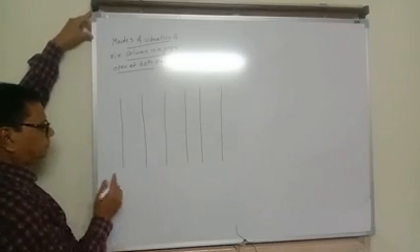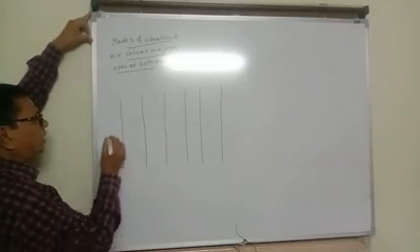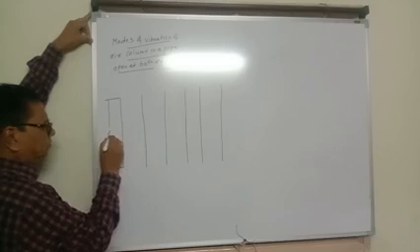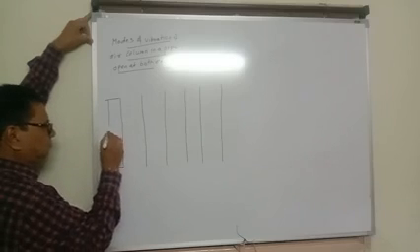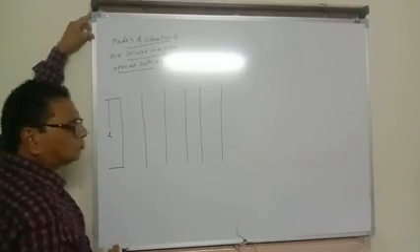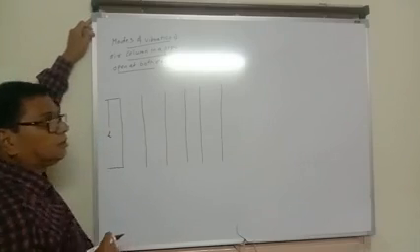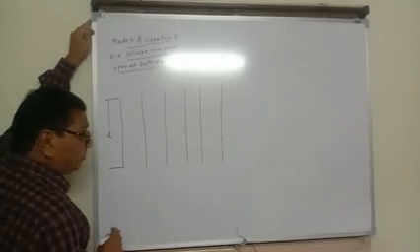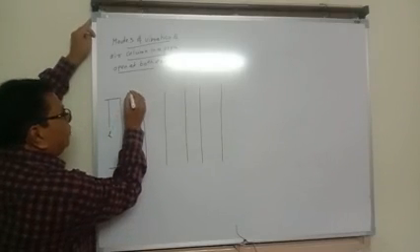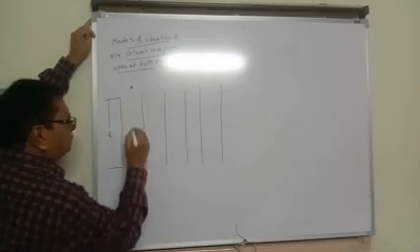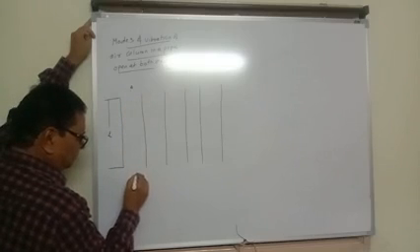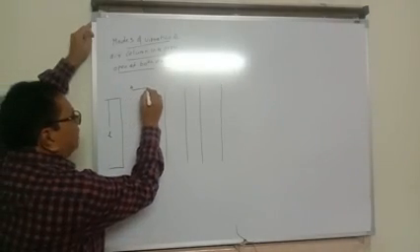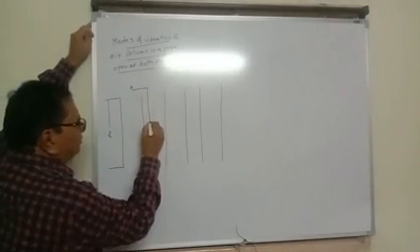Let L be the length of the air column. Now, according to the boundary condition, an antinode is always formed at the open ends. So from this point, the corrected length will be L.